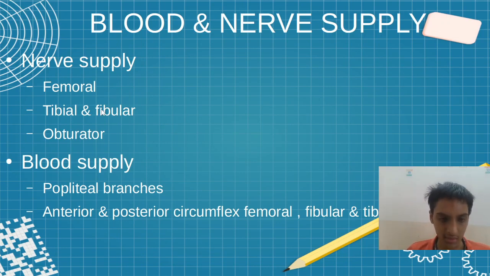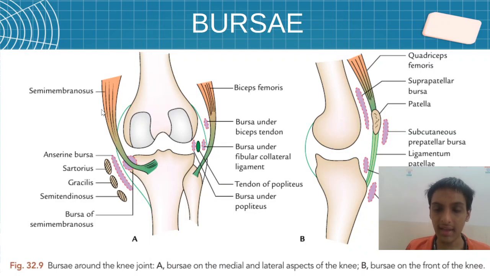Okay, right. Let's see the bursae now. We'll just see where the bursae are located in the medial and lateral aspect and in the front. So here we have the anserine bursa. The anserine bursa is nothing but the pes anserinus. Please remember this point. It will be very useful in the viva.